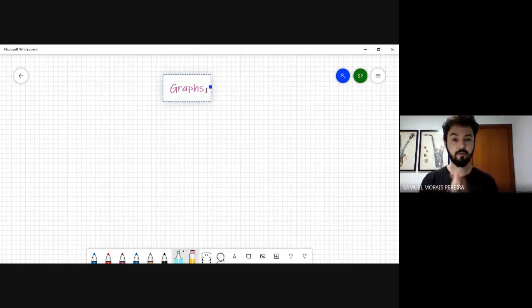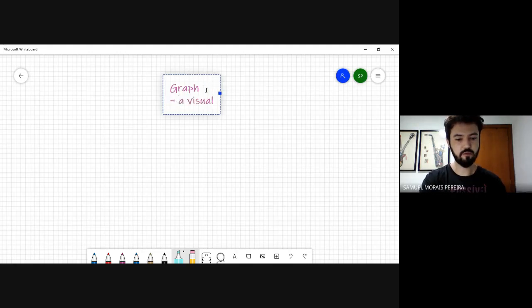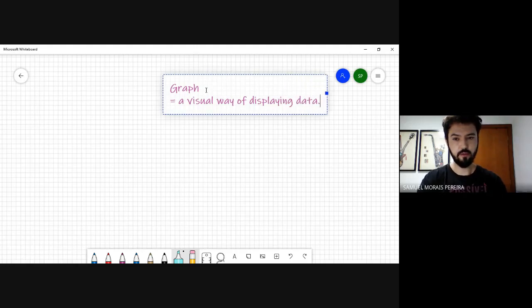So let's start with the basics, okay? So pay attention. What is a graph? Well, I can define a graph as a visual way of displaying data. So pay attention to this definition here, okay?